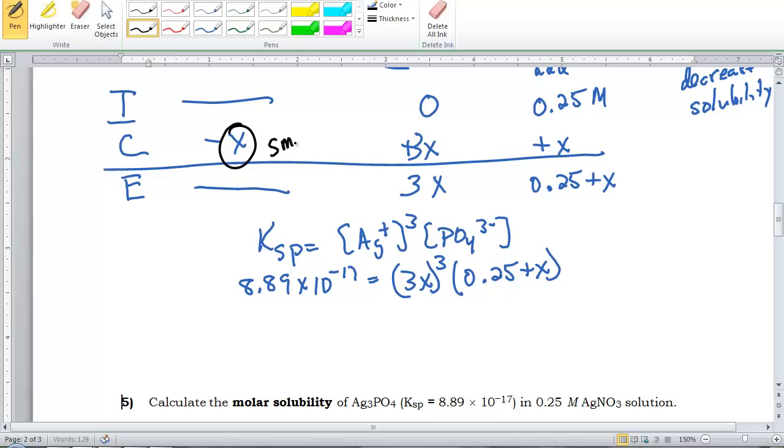We are going to make the small x approximation. Okay? So we're going to assume that 0.25 plus x is going to stay about 0.25. Okay? So multiply that out. Again, it's 3 cubed. 3 times 3 times 3, which is 27, times 0.25.